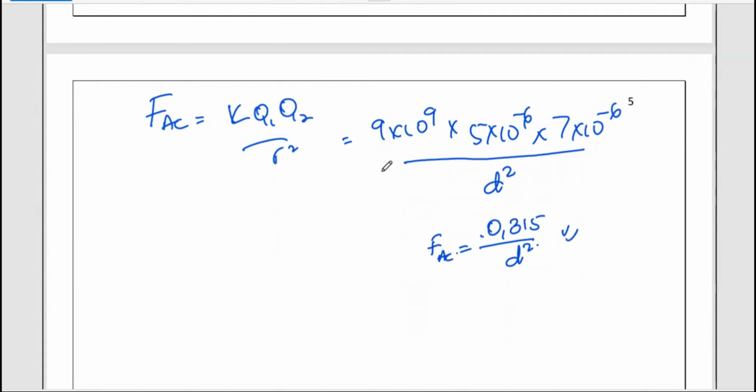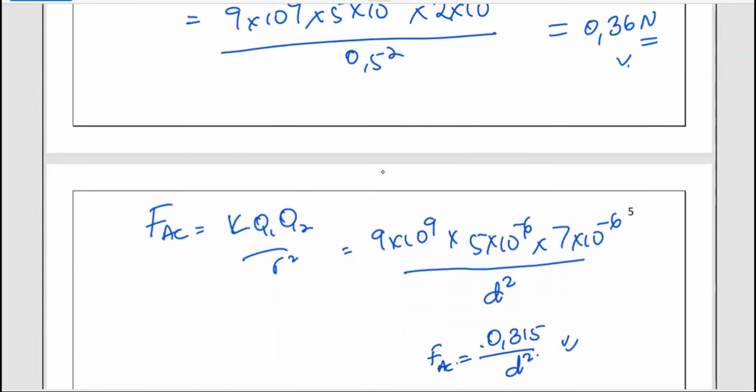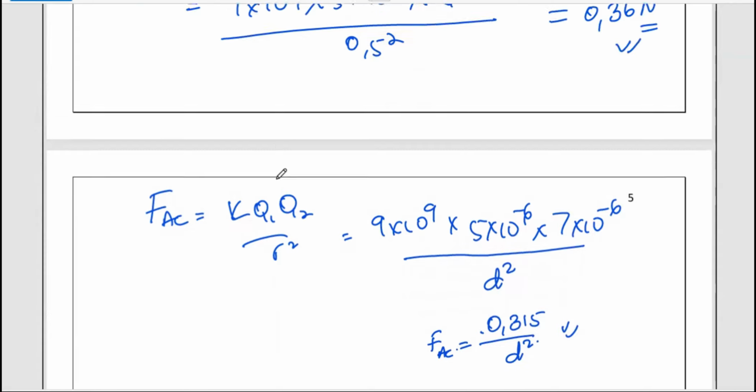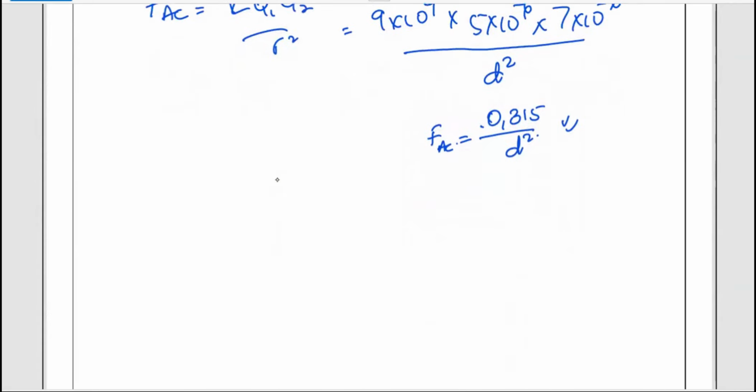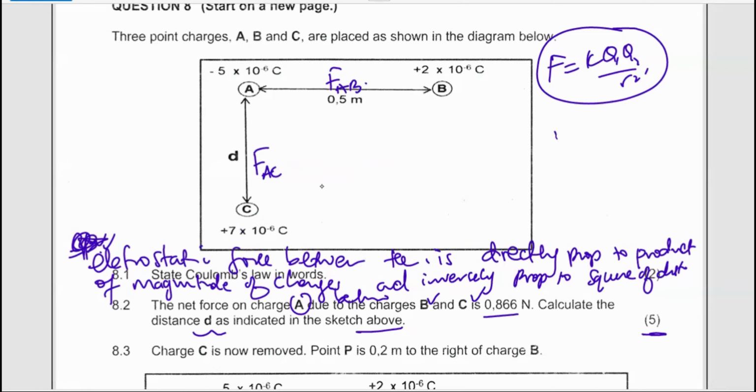Then, since we're talking about the net force being 0.866, I'll say that our F net is 0.866. For the 3 forces, we're going to have some sort of a right angle triangle. One for the vertical, because there's attraction, and then there's also attraction, and then one for the horizontal.